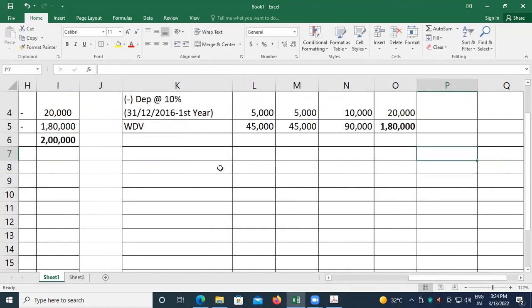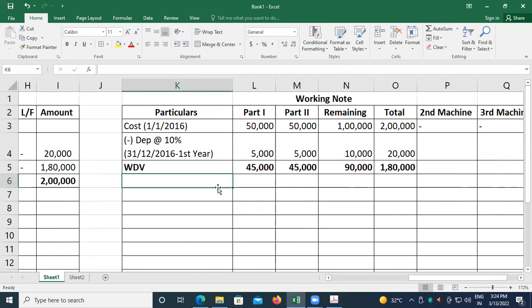So now what I'm going to do here, let us go and do, we got some WDV also here. So this is my written down value for the 1st year. Now let us go and charge, since the asset is going to last for 1 more year. We don't have any other transaction like sale in the 2nd year also.